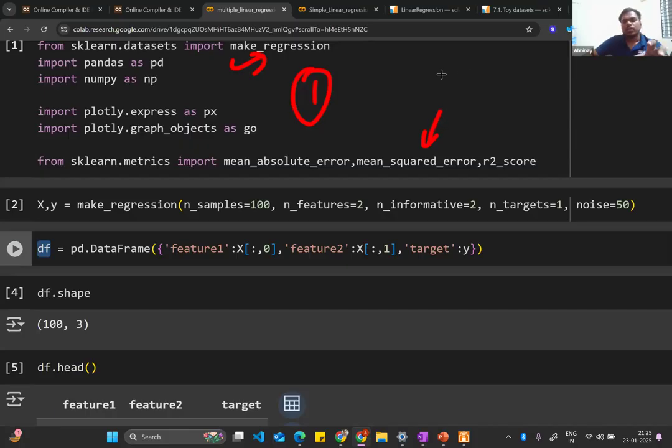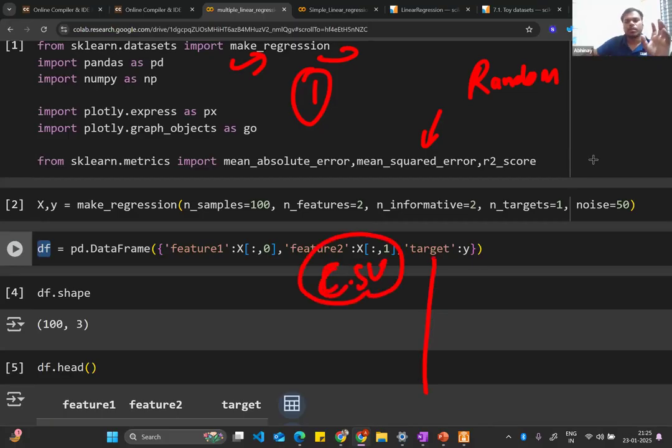Just consider one thing, that in machine learning you can make your dataset, just like we do now. You take some random data and store it in some CSV file, right? In the same way you can generate some random data using the make_regression function also.